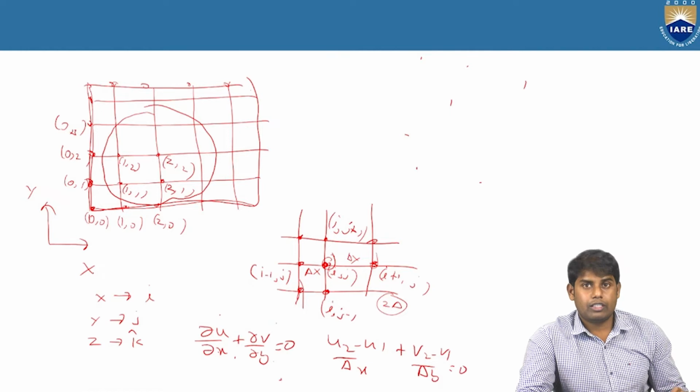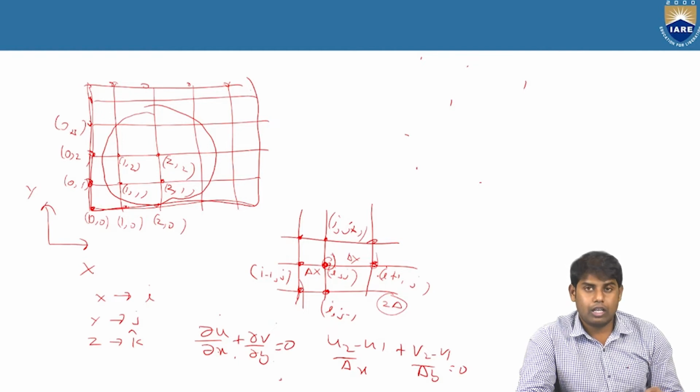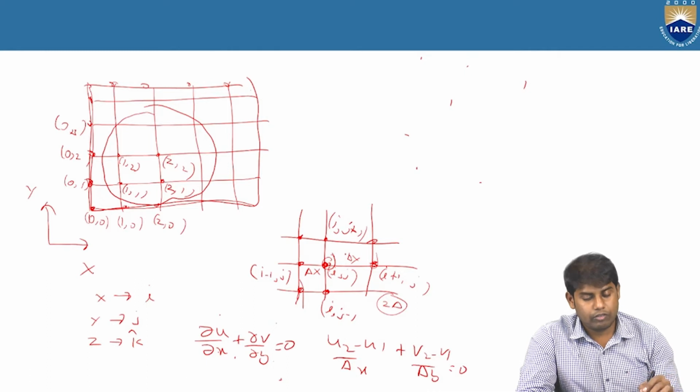The velocity at (i, j) would be u(i, j), and the velocity at (i+1, j) would be u(i+1, j). So for the forward difference, we have (u(i+1, j) - u(i, j))/delta x. So this is the du/dx term.